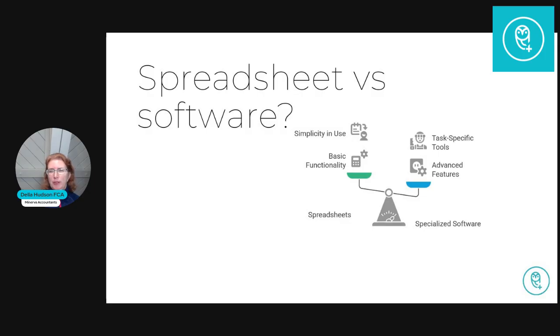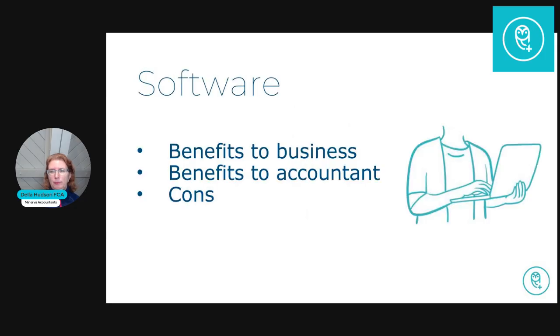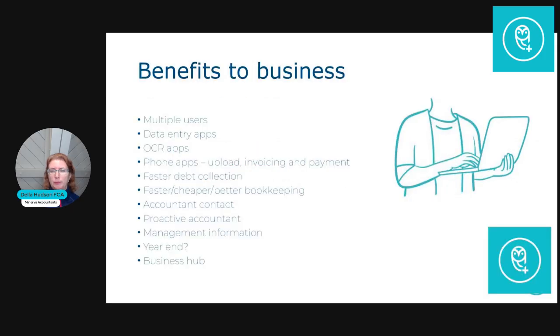So I'm going to go into some of the benefits of using software as well. There are benefits to the business, there are benefits to the accountant, there are also some cons. So we do need to make a decision, and you might make a firm-wide decision, or you might make a case-by-case basis for each client.